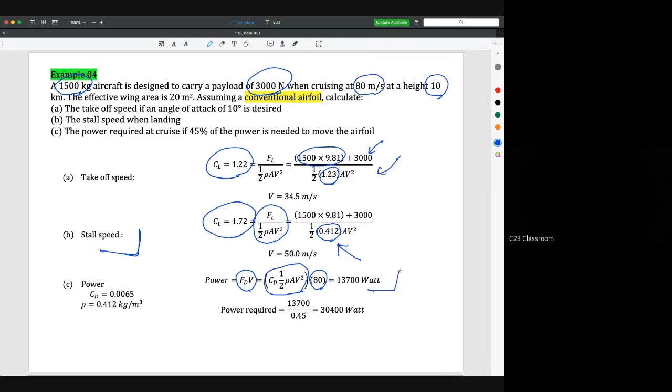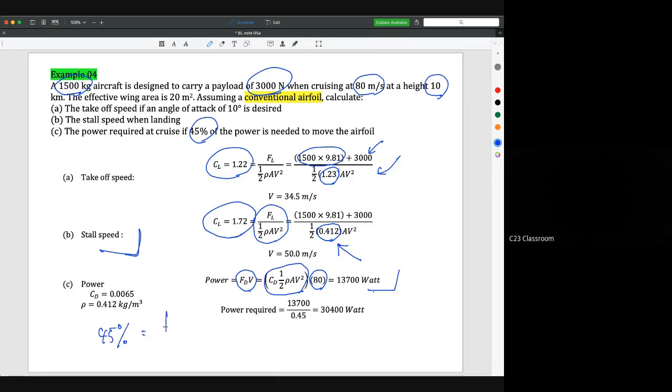And then, if 45% of the power is needed to move the airfoil, the power required at cruise means that the 45% here is actually the efficiency.